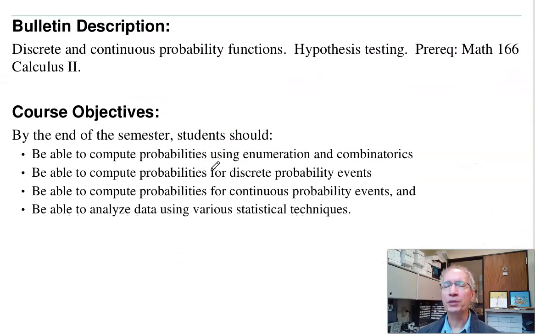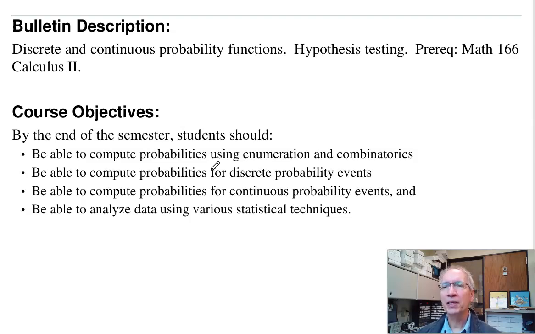The bulletin description. This course covers discrete and continuous probability functions, hypothesis testing, with a prereq of Calc 2. If you've had a couple courses in electrical engineering, that would help. I do a lot of examples from electrical engineering, since this is a course for electrical computer engineering.